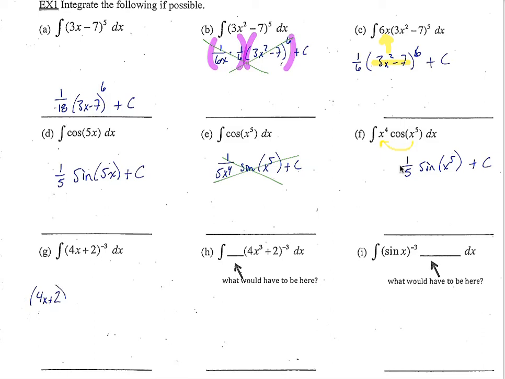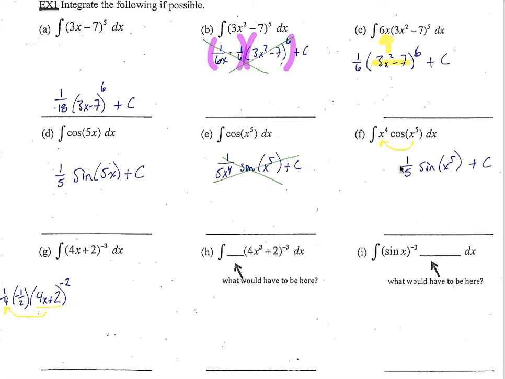4x plus 2. This is going to be -2, which means that to get the coefficient right, we're going to need to have a -1/2. And then we're going to need to deal with the derivative of the inside function. So the derivative of the inside function is going to go right there, and I haven't given myself enough room for that, but we'll just tuck it in here really small.